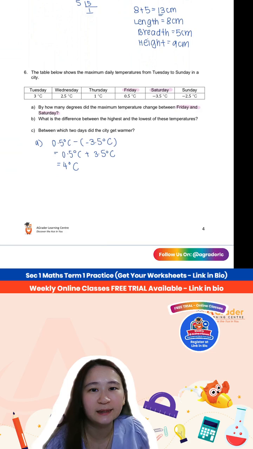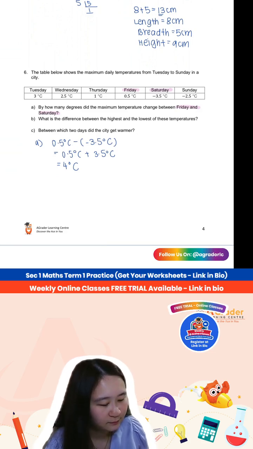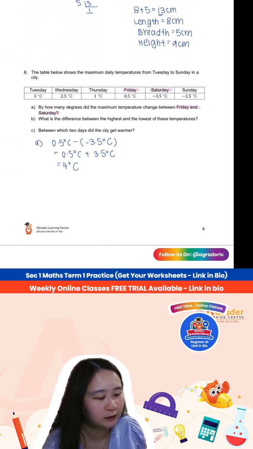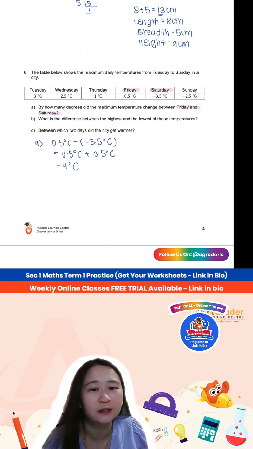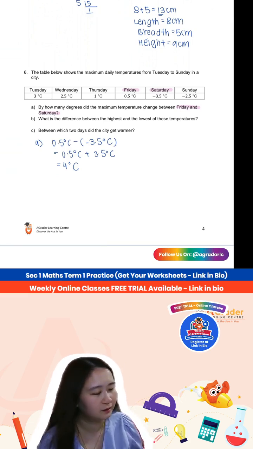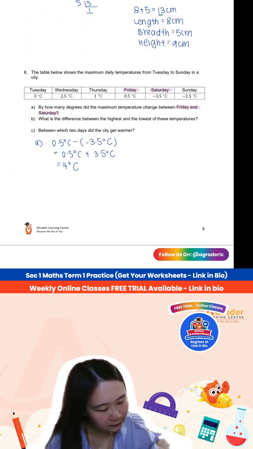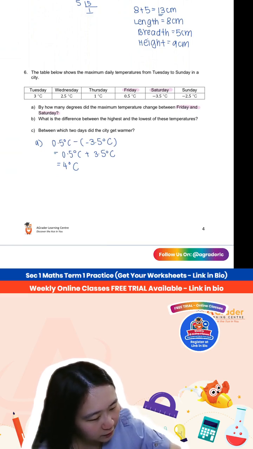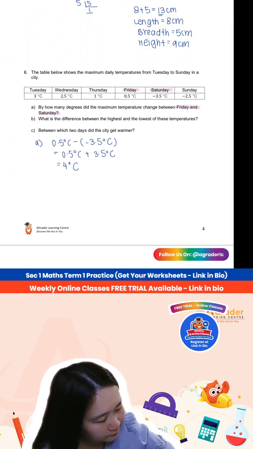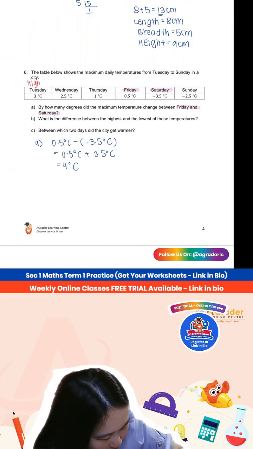Which day has the highest temperature here? For the highest temperature, since there's positive and negative, it definitely comes from the positive. So Tuesday will give us the highest temperature.